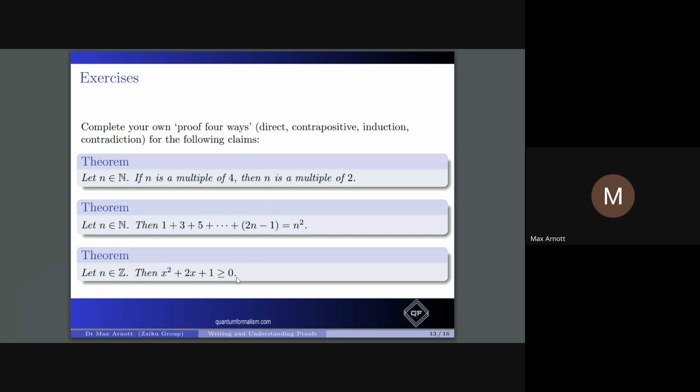It's at least 0. Now, how do you do induction on this, given that it's an integer and not necessarily a natural number? Well, what you have to do is create some sort of bijection between the integers and the natural numbers, and then substitute that into here, and then perform the induction on the natural numbers.